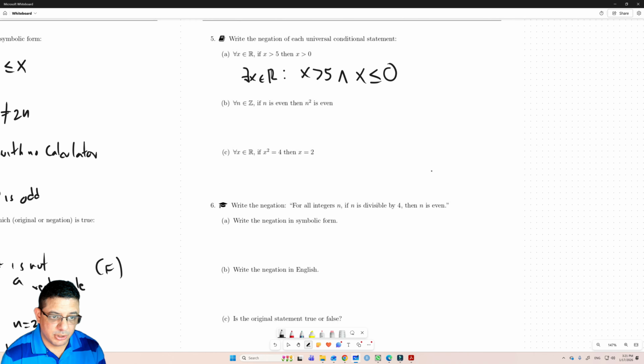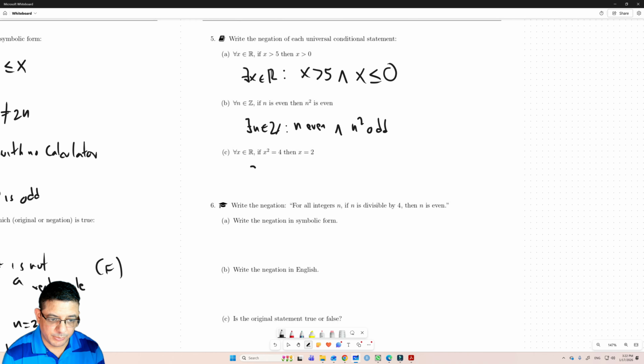Now, another implication, it says for all n that belongs to Z, and we have the implication if n is even, then n squared is even. So now we're going to have, well, n is even, and n squared is odd, which will be the negation of the conclusion Q. Now for C, for all x that belongs to R, if x squared equals 4, then x equals 2.